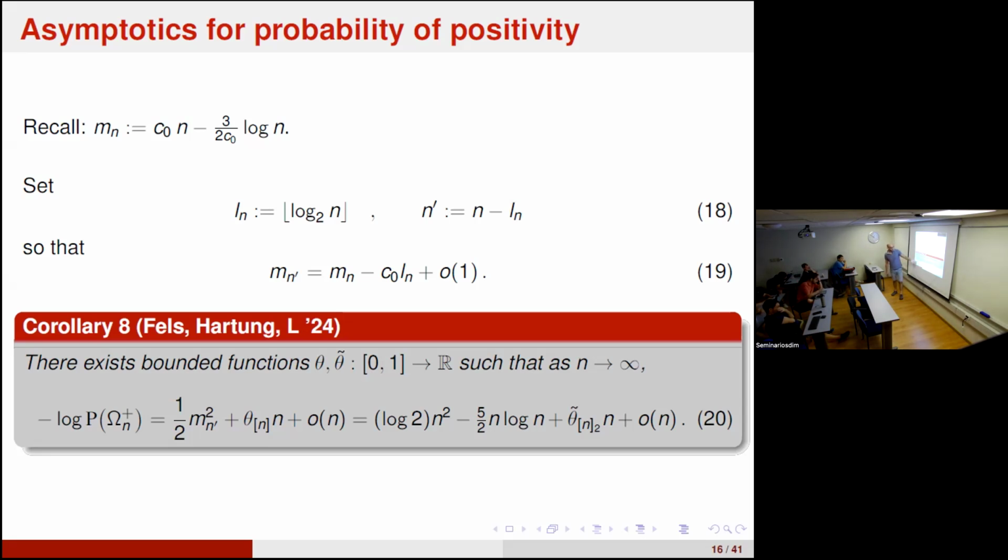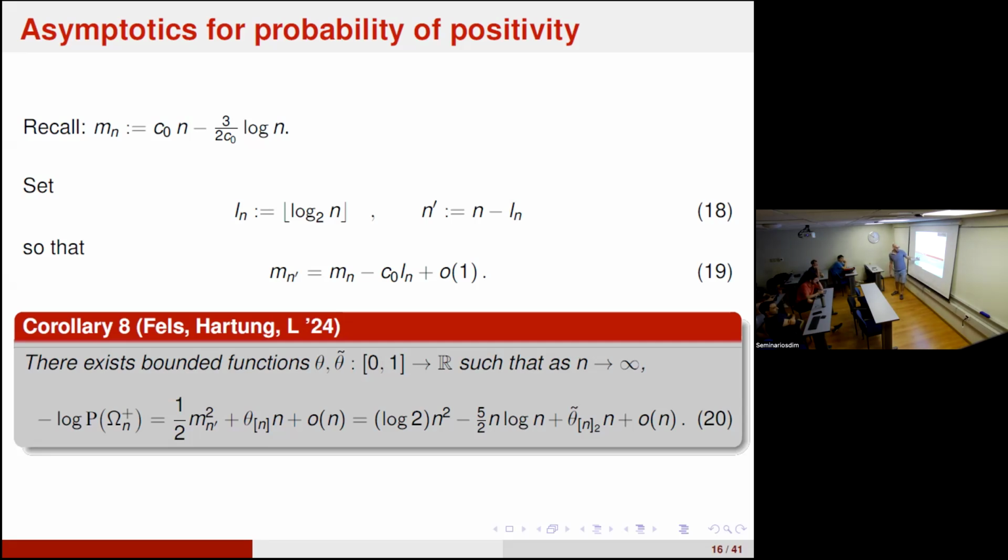So it's not 1/2 m_n squared like the first order result, but rather you need m_n', so you need to subtract from m_n this constant log n term. I'll explain where it's coming from later.